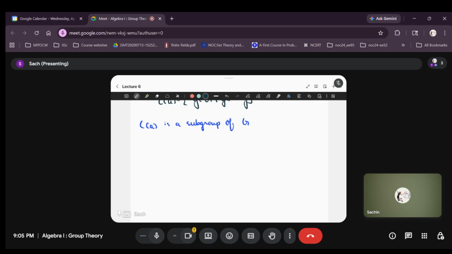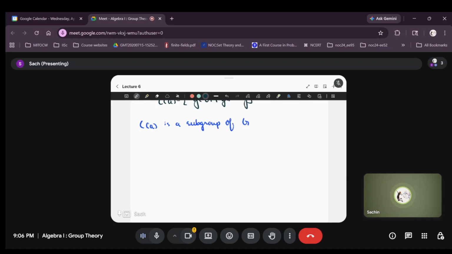We can't really say that. What you can say is the centralizer is a subset of the center for every element A. Because if some element belongs to the center, it commutes with all elements in the group.